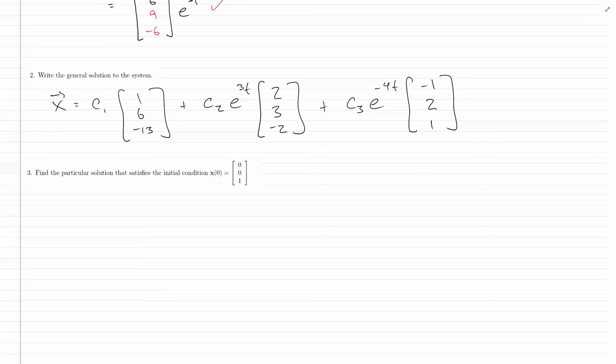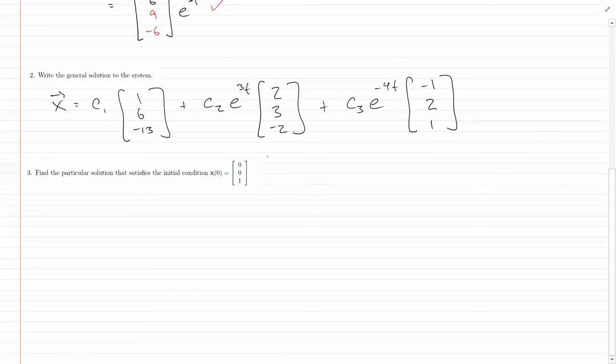Now you want to find a particular solution that satisfies this initial condition. That's just going to be a matter of solving for c1, c2, and c3. If I plug in t equals 0, that's just going to get rid of the exponentials.